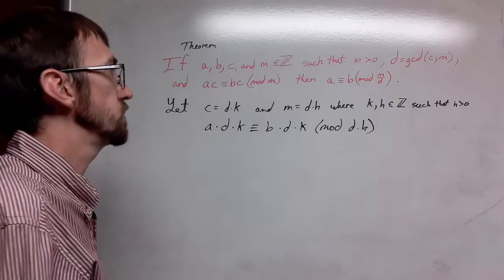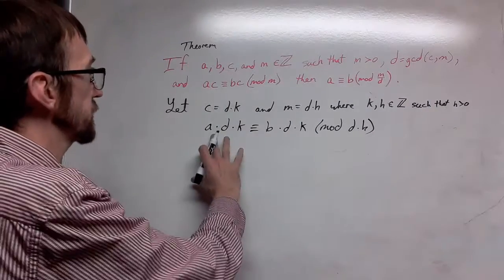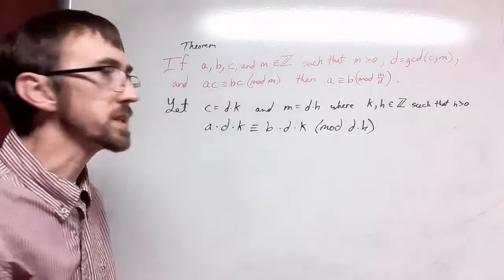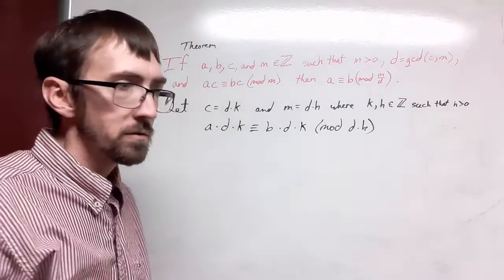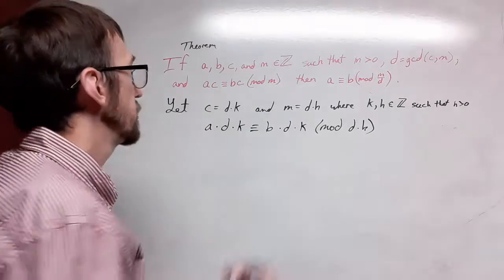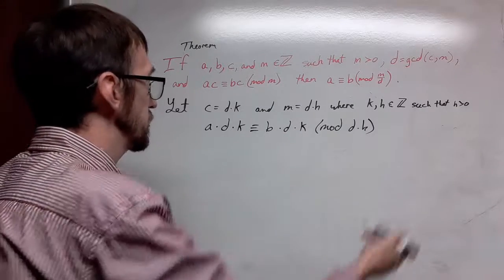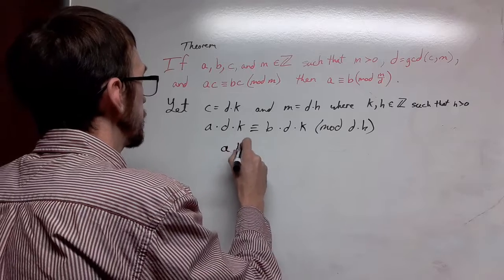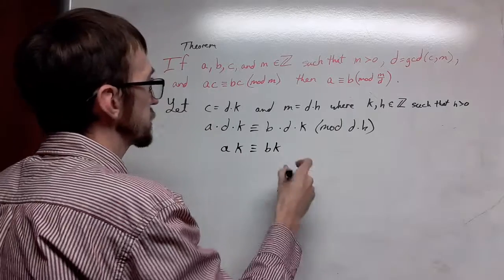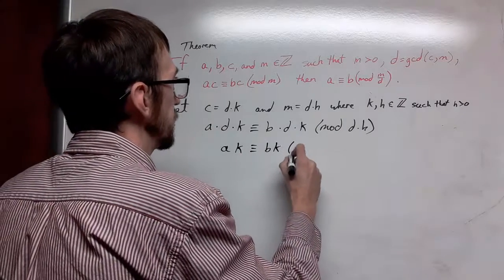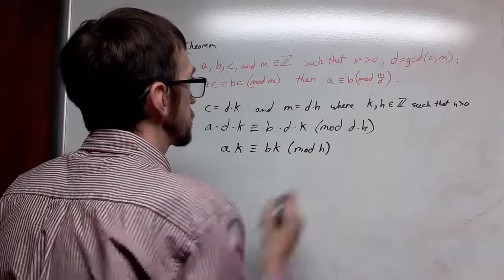Now what I want to do is go through and remove the common factor. We have a common factor here, here, and here of d. And the modulus removes those common factors anyway. So we're going to go ahead and do that. So if I remove d from here, here, and here, we're going to have ak is congruent to bk, and that will be mod h.